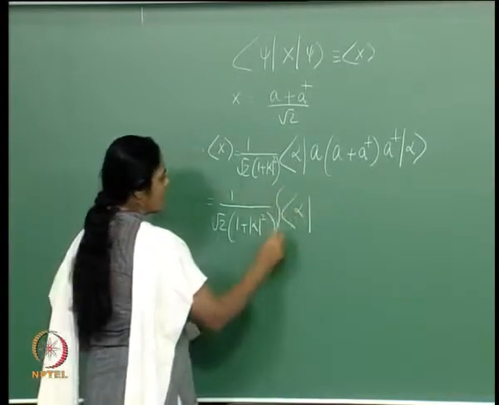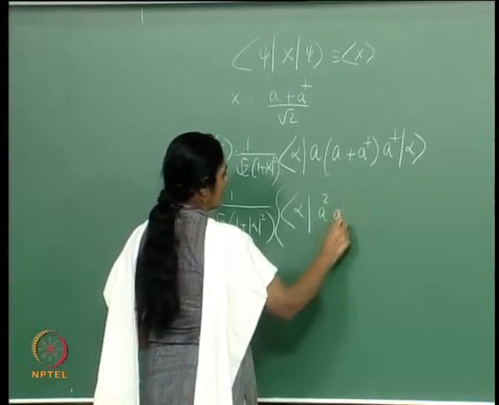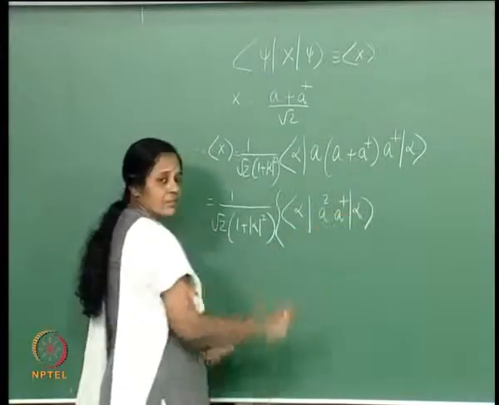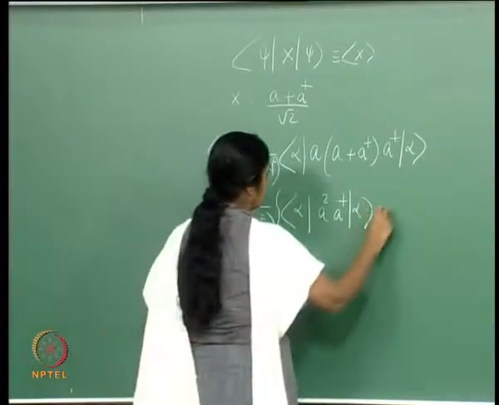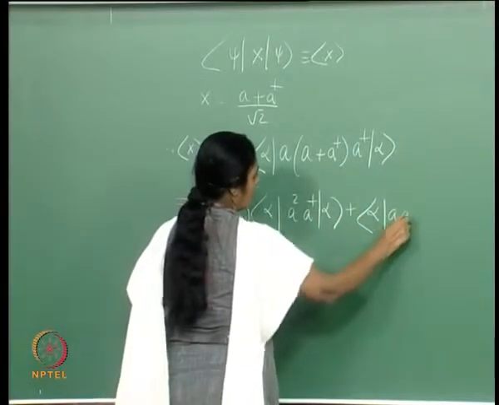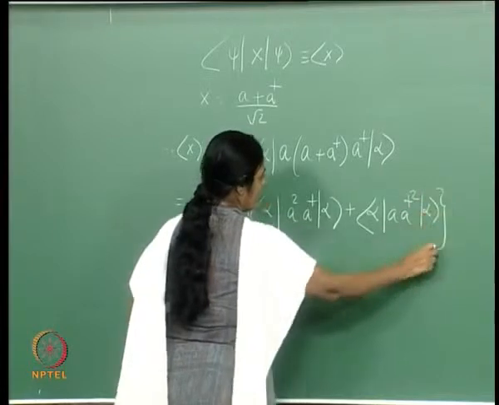I have two terms here. The first is the expectation value of A squared A dagger in the state alpha. The next is the expectation value of A dagger squared in that state.